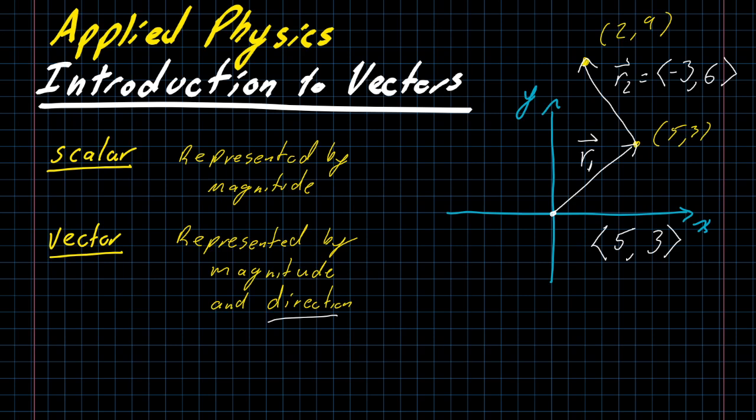I could have shortcutted all of that and taken the straight shot. My vector s here is just (2, 9), and I can represent that algebraically by saying that vector s is equal to vector r1 plus vector r2.